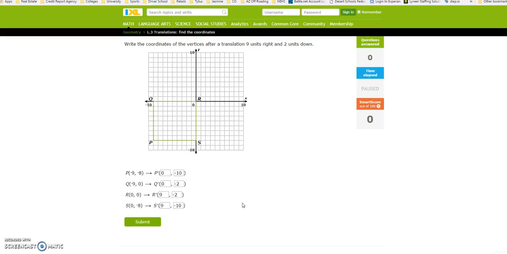Let's see if we got it right, but first I want you to notice that P and S, they're along the same line, so they have the same y coordinates because they're from this way. P and Q, they have the same line over here. Q and R have the same line here. Notice their similarities.